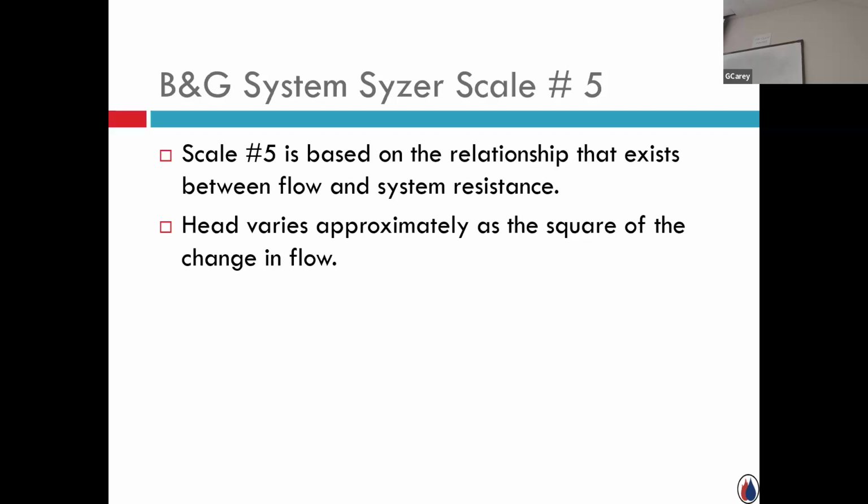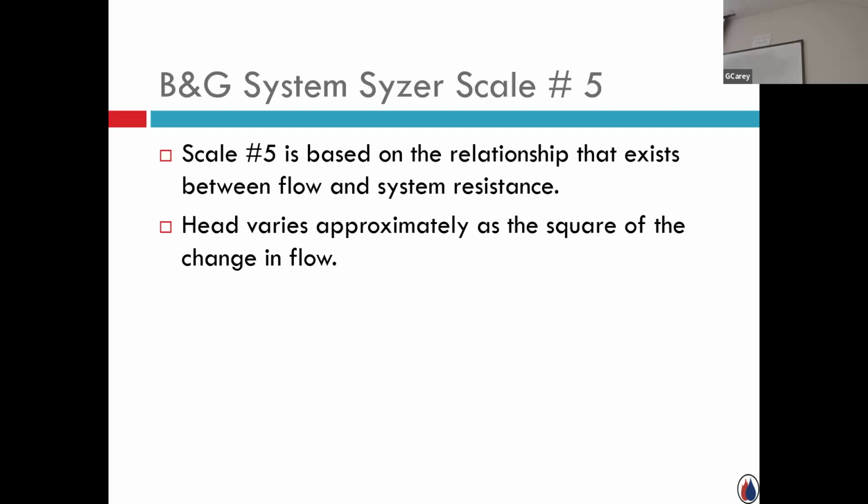Scale 5. This is pretty good. This is a good scale in that it's very useful for talking about flow and head, the change in head based on the corresponding change in flow. We started talking about it last week when we mentioned a little bit about system curves. And we're certainly going to talk about it more when we get into variable speed pumping and how this all relates.